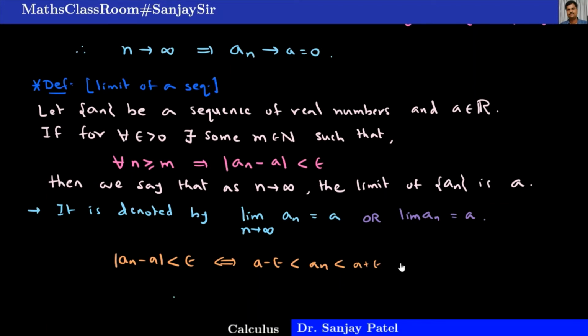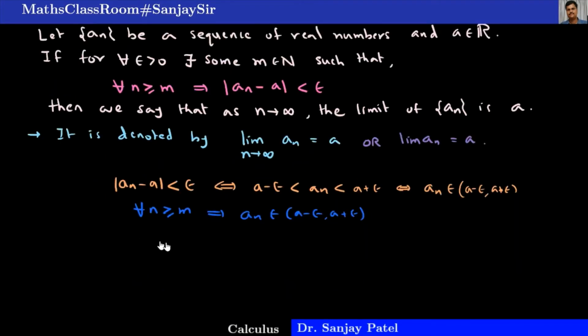And this also means that an belongs to the open interval a minus epsilon comma a plus epsilon. So this condition says for every n greater than or equal to m, this an belongs to a minus epsilon comma a plus epsilon.